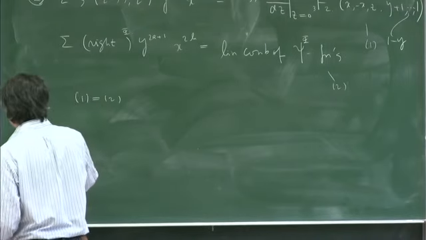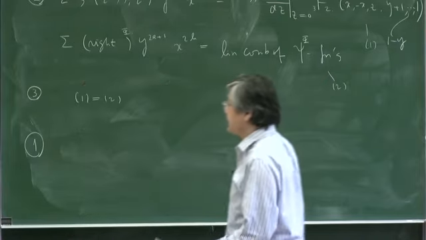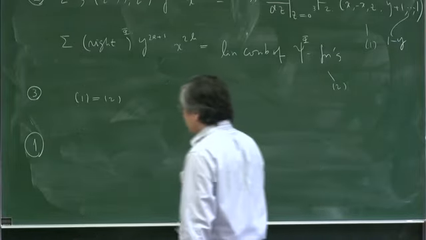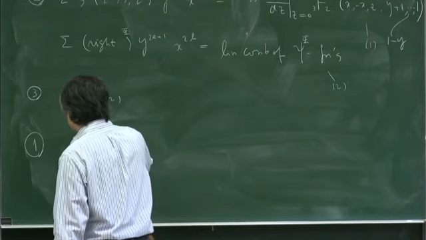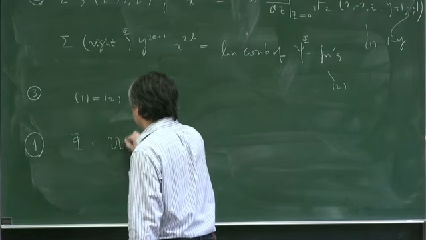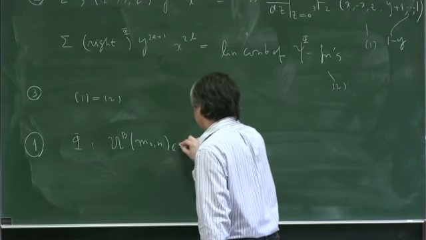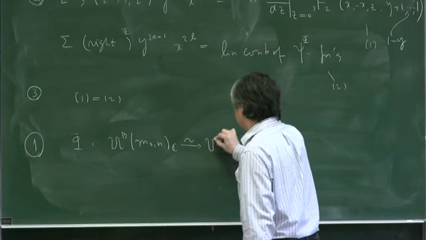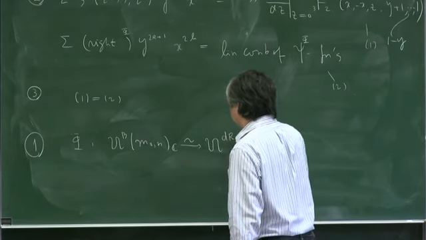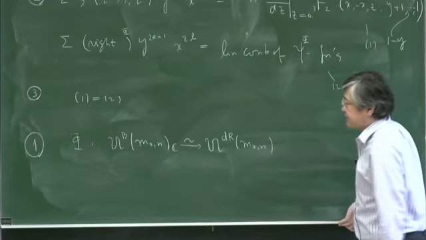Now the first step is to redefine the period integral. As I said, phi gives an isomorphism between U Betti M0 N C and U de Rham M0 N. We use this isomorphism.